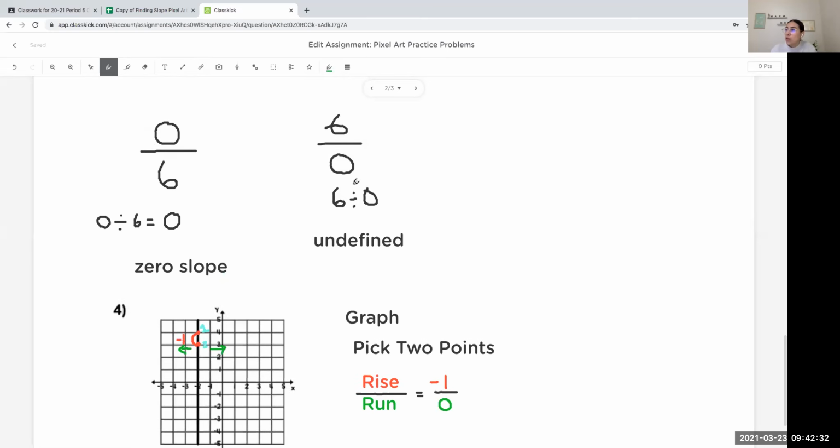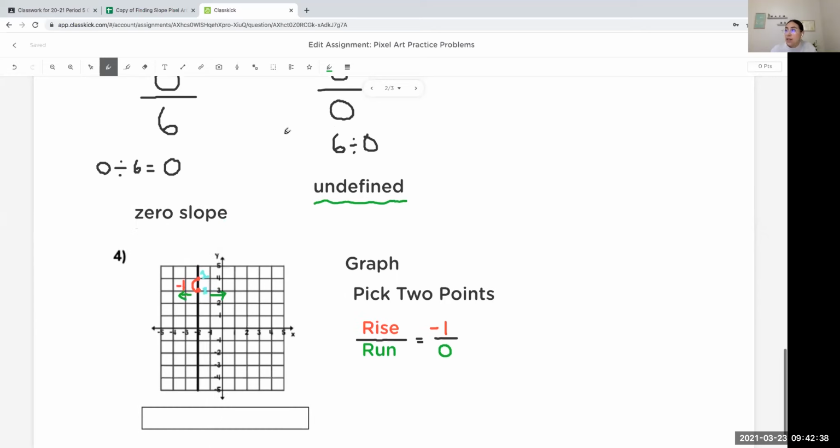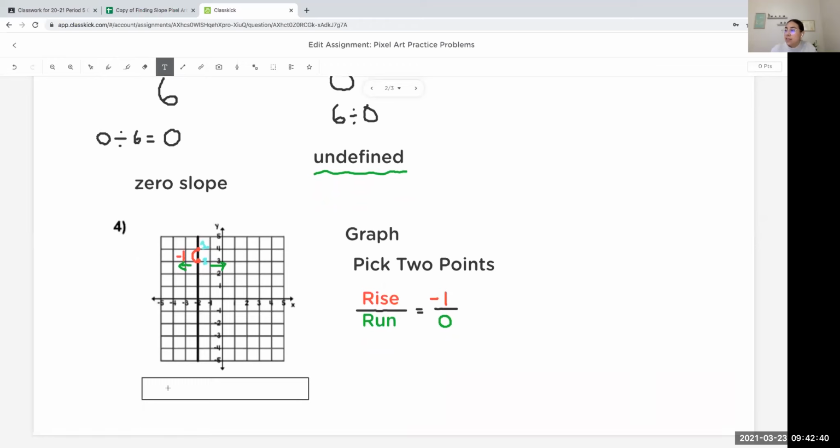What happens when we have a 0 in our denominator? That is undefined. So this is an undefined slope, so I can go in there and write m equals undefined.